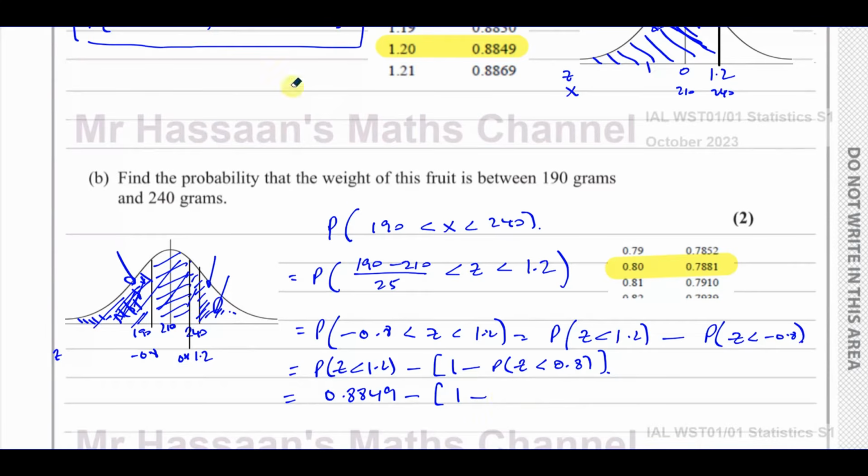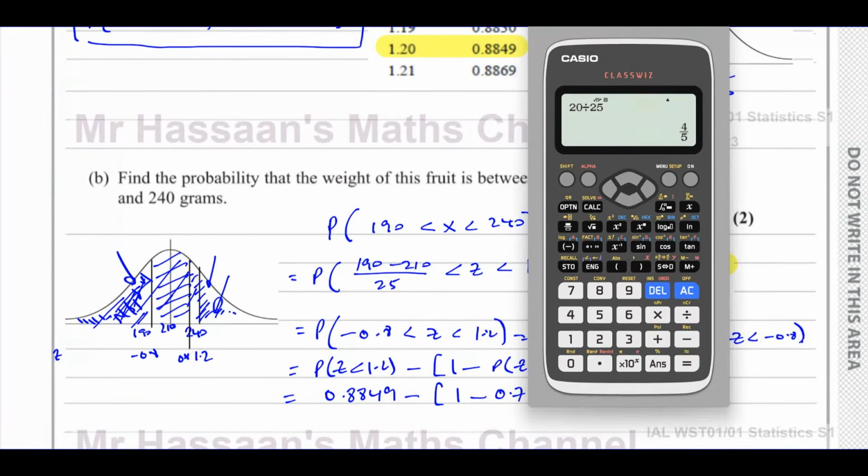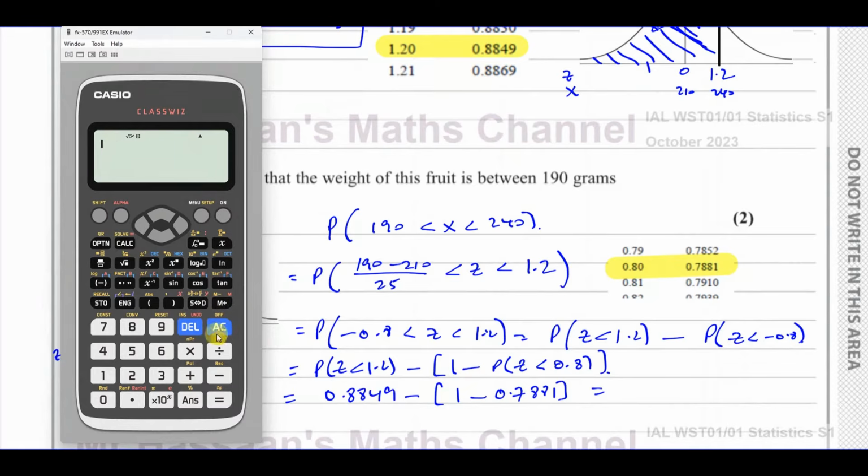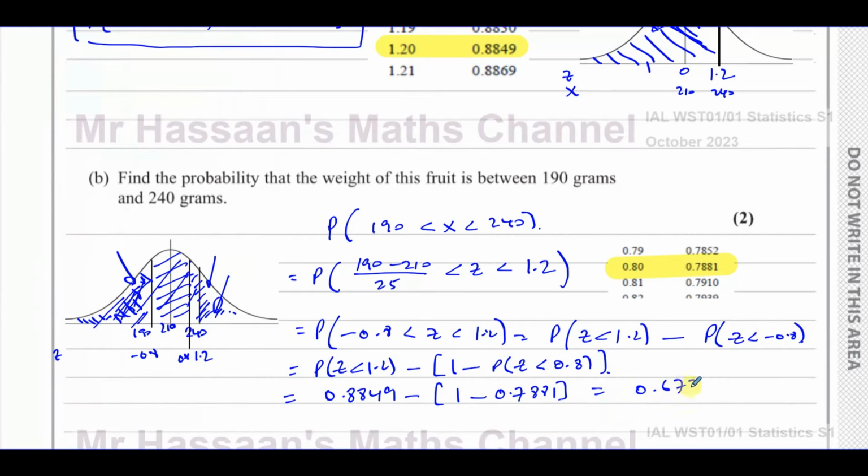If we take 0.8849 minus 1 minus 0.7881, that should give us our answer, which is 0.673, and there's the answer that we need.